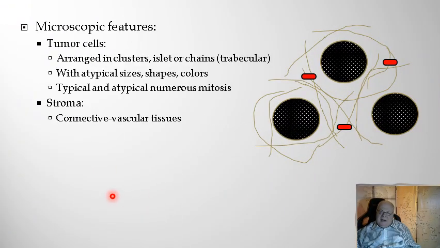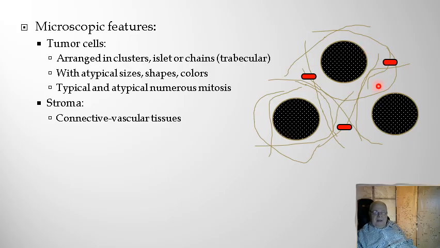At microscopic level, all carcinomas, all of them, have a pattern of structure, meaning the tumoral cells are growing in smaller or larger islands, or sometimes the islands are replaced with trabecular chains.